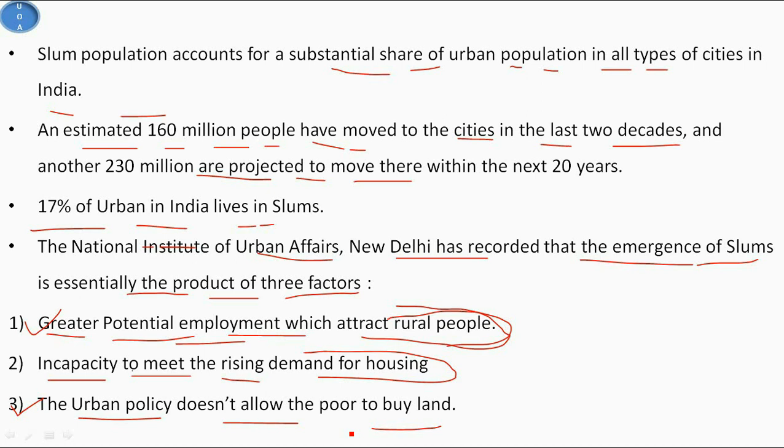The total output of Dharavi, most of it part of the informal cash economy, was estimated at US dollar 500 to 650 million in 2010.